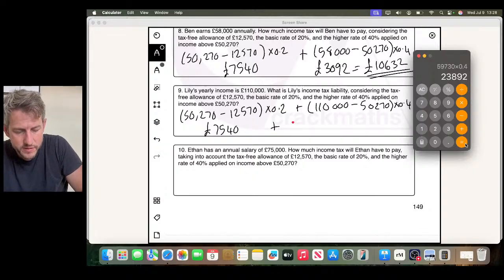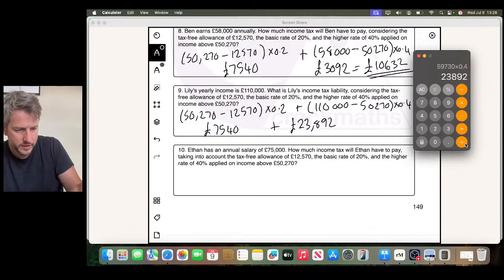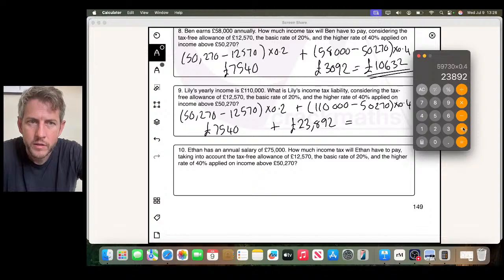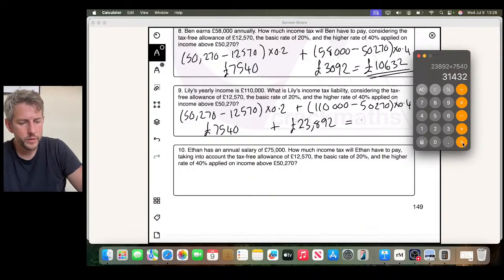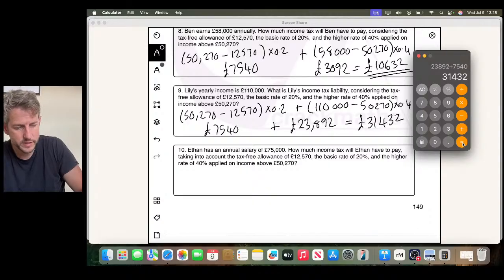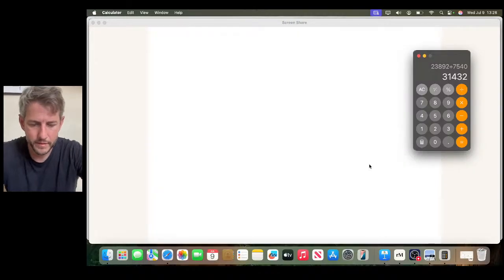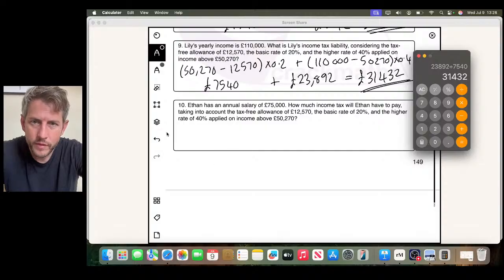So that's going to be plus £23,892. Okay, and so if we add that to 7,540, that will equal a total of £31,432 in tax. But she is getting paid £110,000. So, right, she will be left with about 80. Right, let's have a look at question 10.